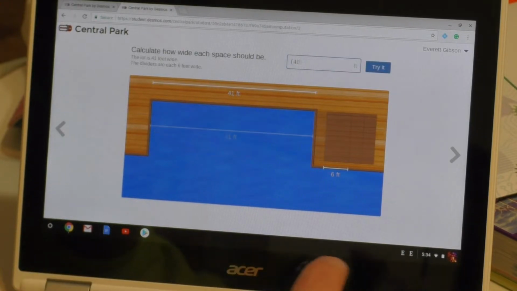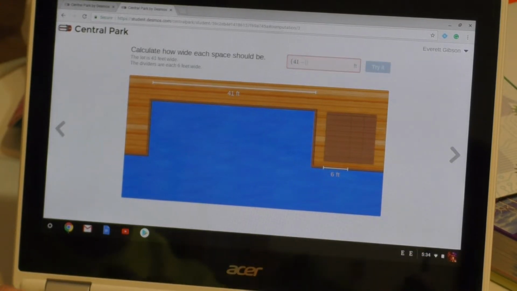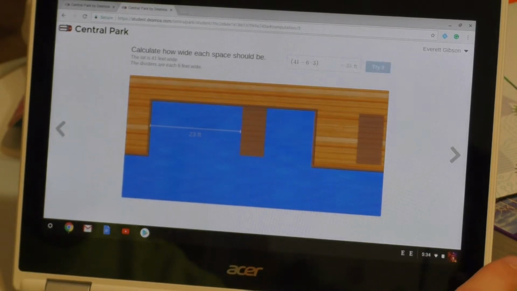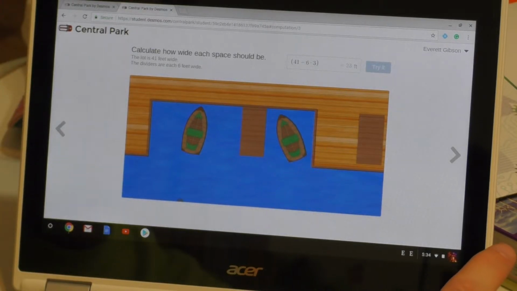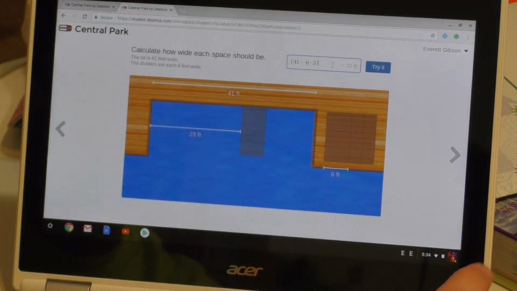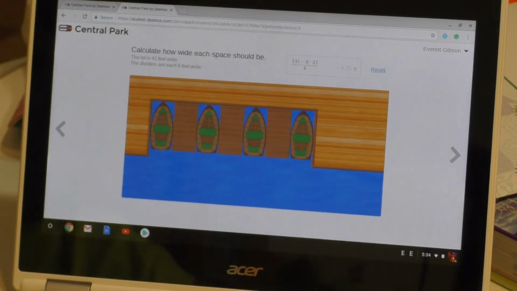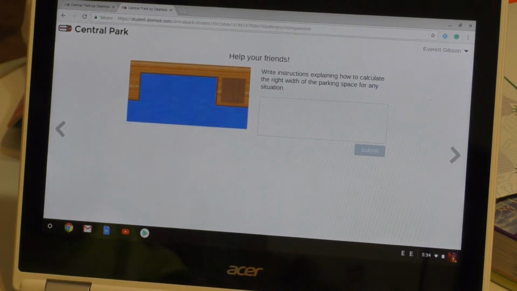See if these numbers with 41 and 6 are as even. Oops, what did I do wrong there, you guys? Well, I did not divide by 4, so obviously that's going to mess it up. Try it again. Sure enough, there we go. I think we've got a pretty good system now.